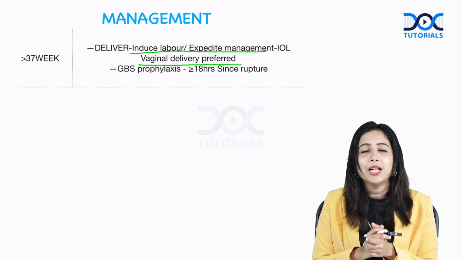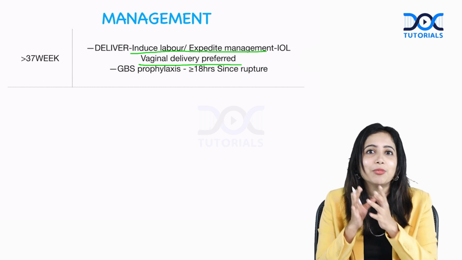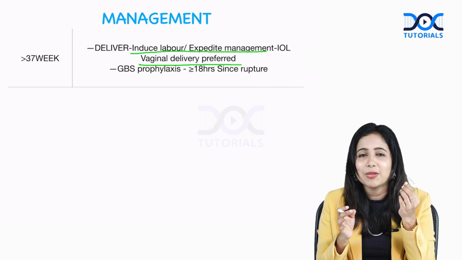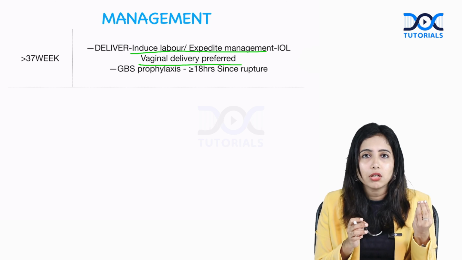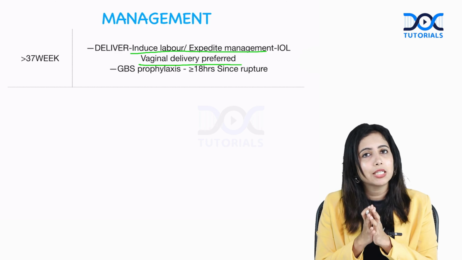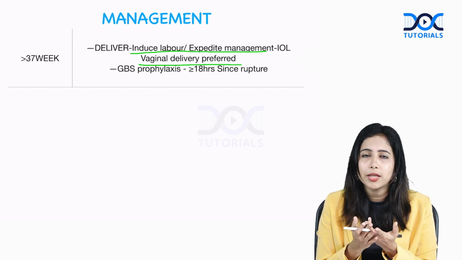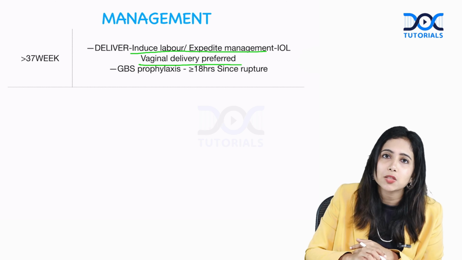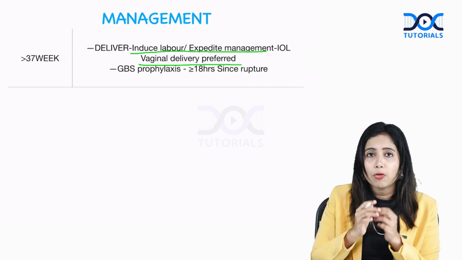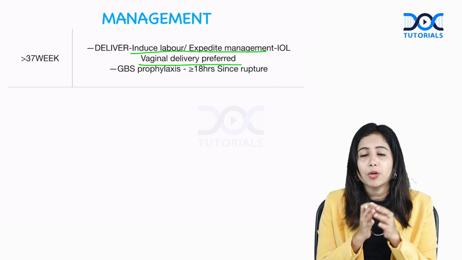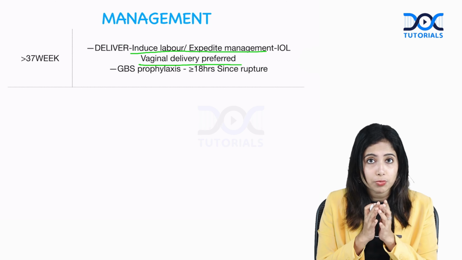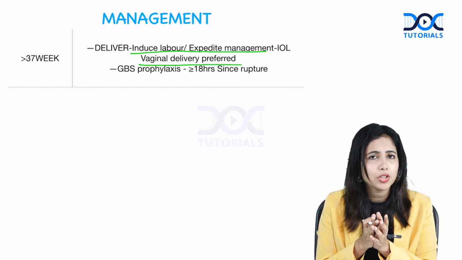vaginal delivery is actually preferred. Many a time students tend to jump into cesarean section as soon as even minor things happen. Leaking PV, these PPROM patients are not required to undergo a cesarean section. You induce her, she will go into labor and deliver as soon as possible. We will give prophylaxis, some antibiotics, to prevent infection from organisms such as group B streptococcus, not for all individuals.